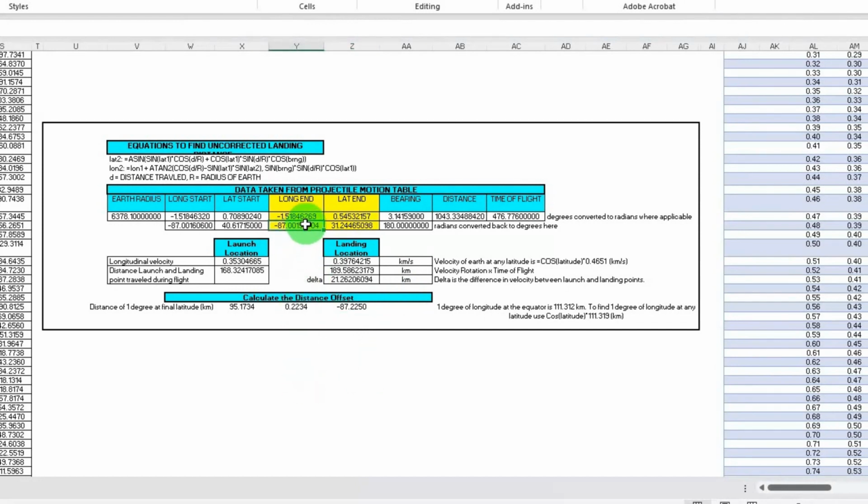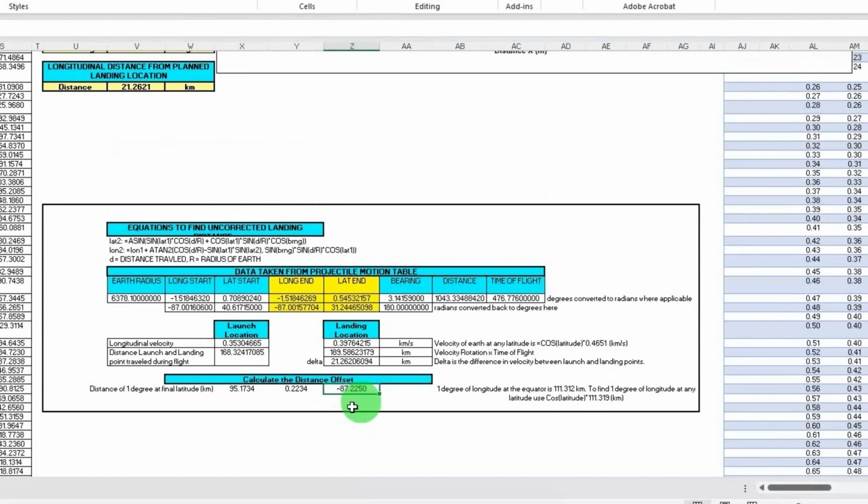So without any spin, this is what we'd expect. With the spin, we calculate the difference, divide by the distance per 1 degree longitude, and correct it that way. So that's how we get the offsets on that.